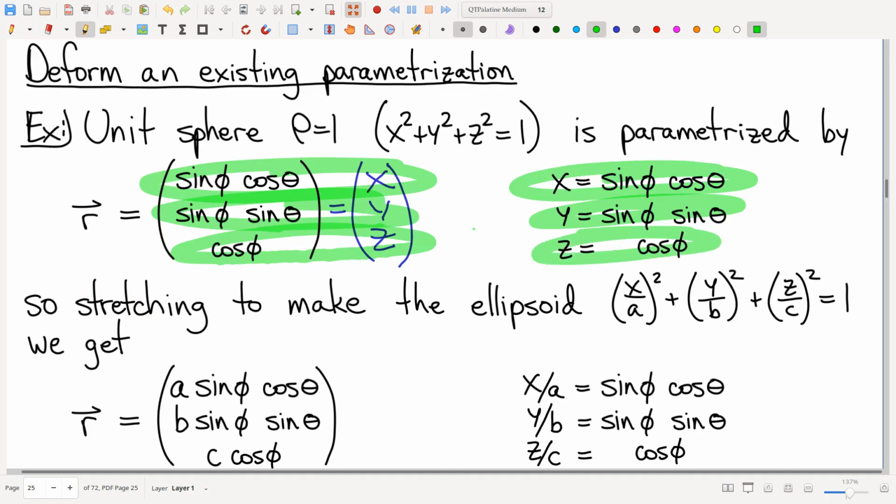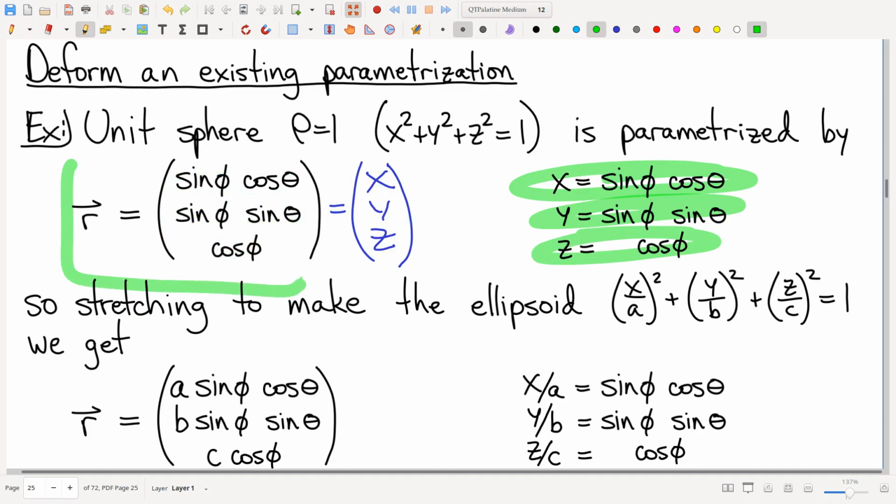Take your pick. It's the same thing either way, whether you think of this as a vector notation for the parameterization or a coordinate notation. Is everybody cool with that? Okay, so here's the parameterization that we have. That's what I'm going to call our existing parameterization.